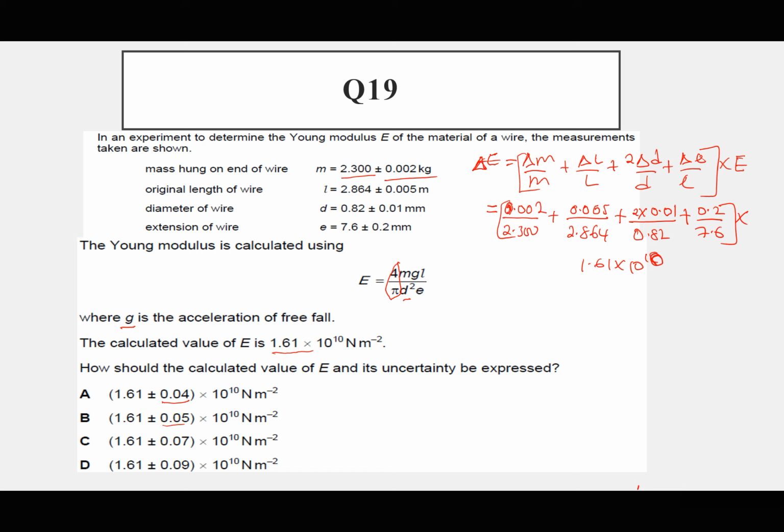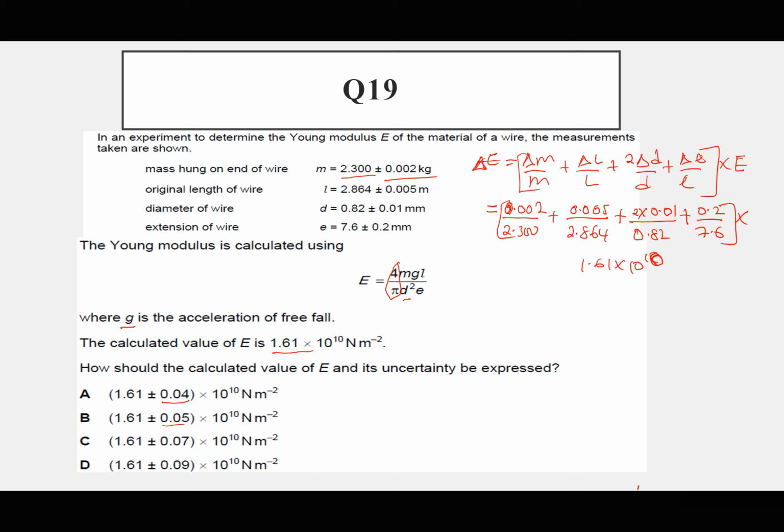So I'm pressing mine: open brackets, 0.002 divided by 2.3, plus, open another bracket, 0.005 divided by 2.864, close that bracket, plus, open bracket, 2 times 0.01 divided by 0.82, close that bracket, open yet another one, 0.2 divided by 7.6, close that bracket. So the sum is 0.05332.